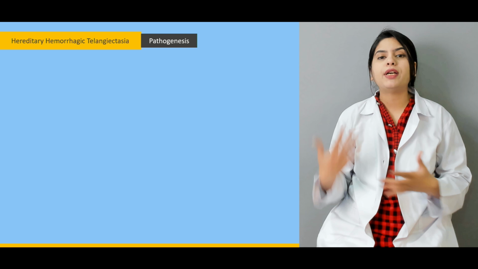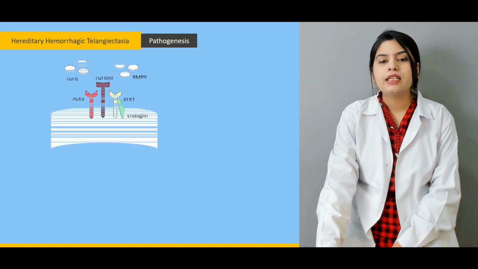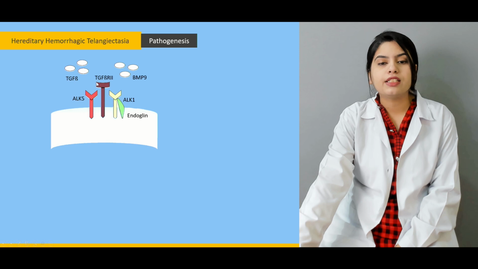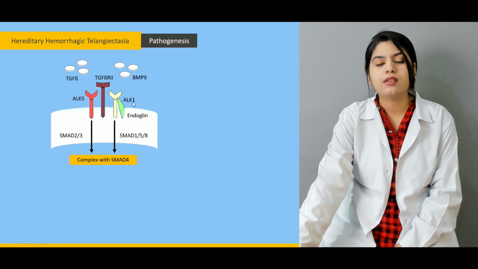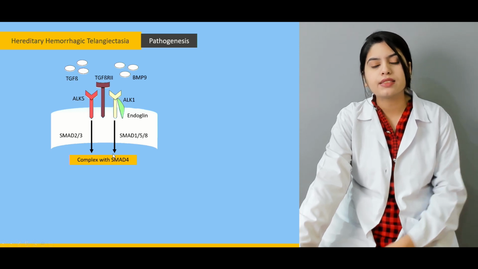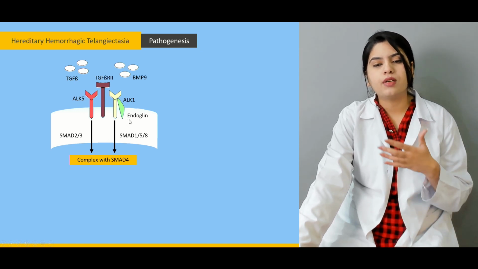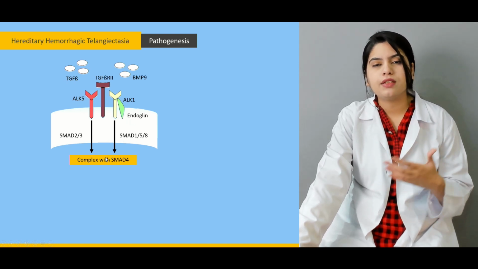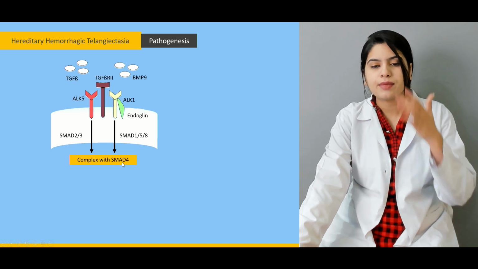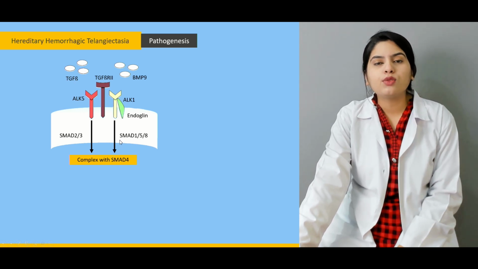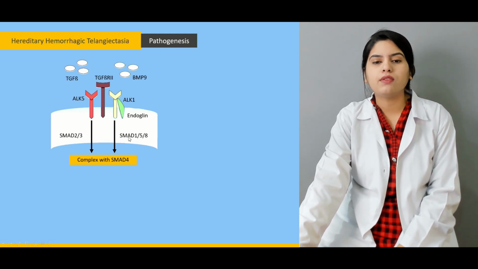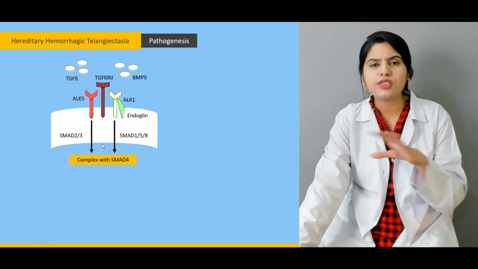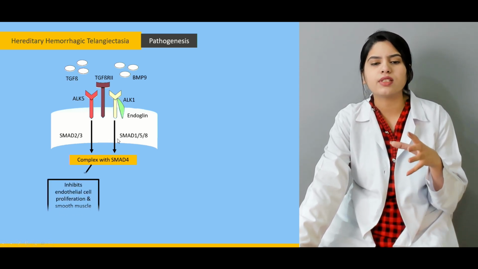Now, if we talk about the pathogenesis of this disease, basically there are defects in the genes coding for the formation of the complex involving endoglin. And if we talk about the formation of this complex with SMAD4, there are two ways through which this complex is formed, either involving SMAD1, 5, 8 or SMAD 2, 3. These are all the genes and complexes involved in this process.